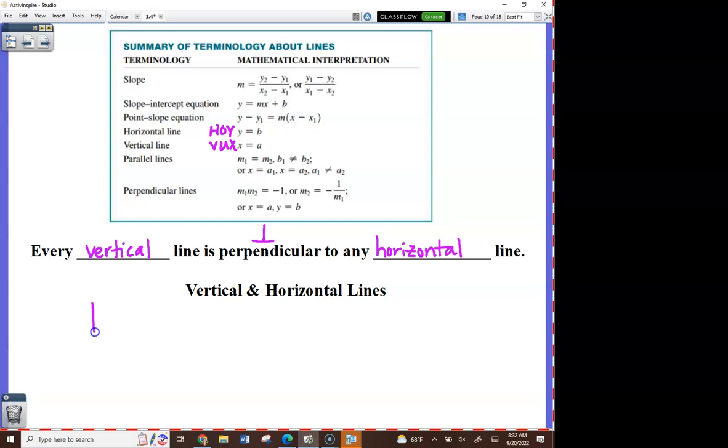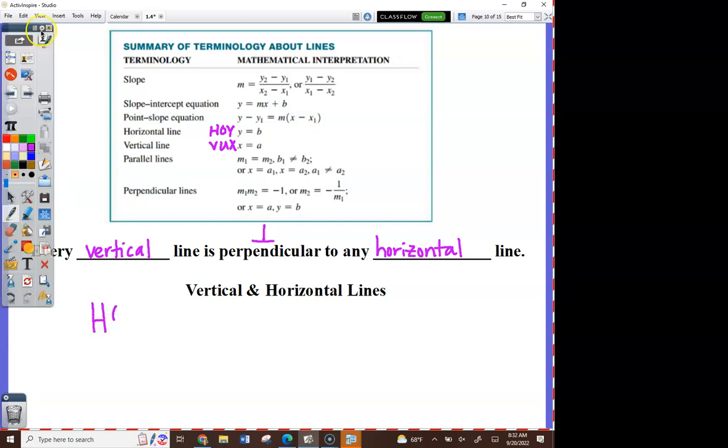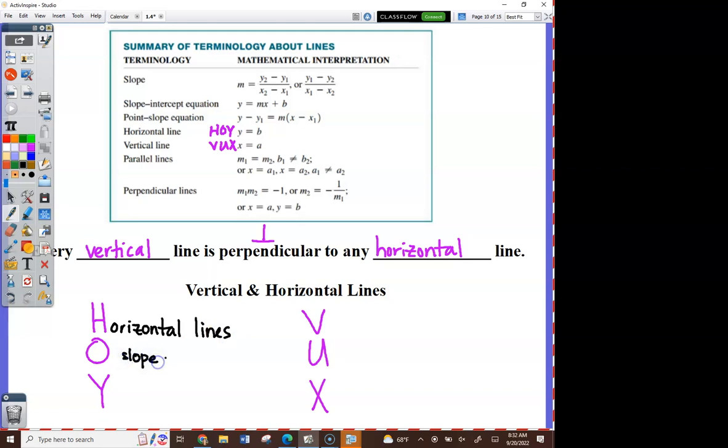Let's refresh you on HOY VUX. Let's write it like this: in big letters, leave some space, and come over here in big letters, VUX. HOY stands for horizontal lines. They have a zero slope, which means m is 0, and the equation of the line is always y equals the y-intercept, where it's crossing the y-axis.